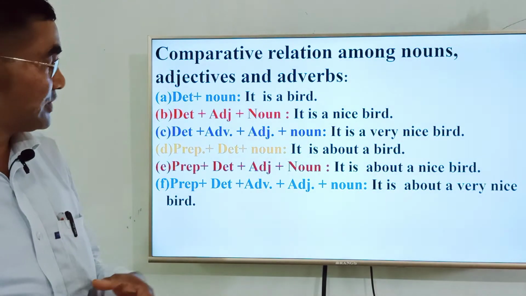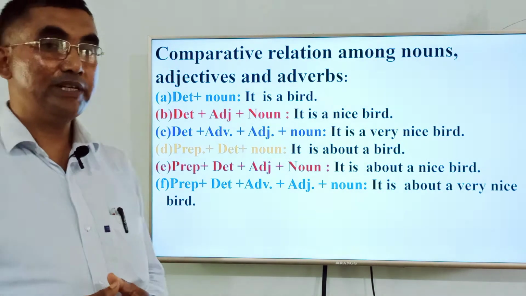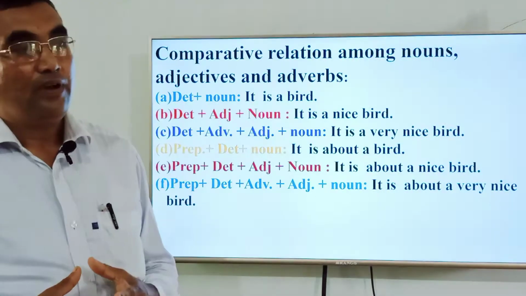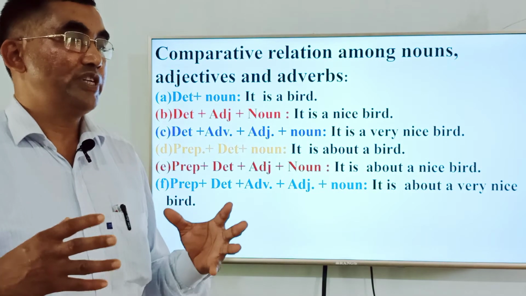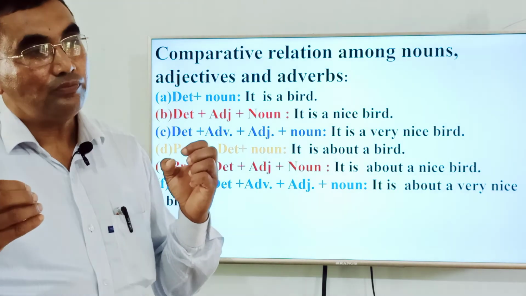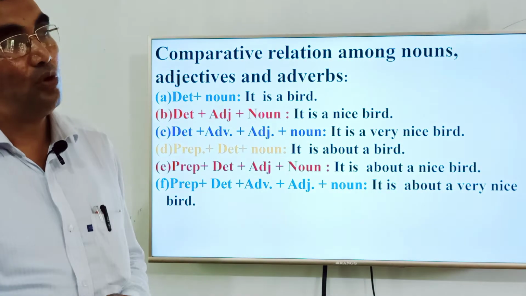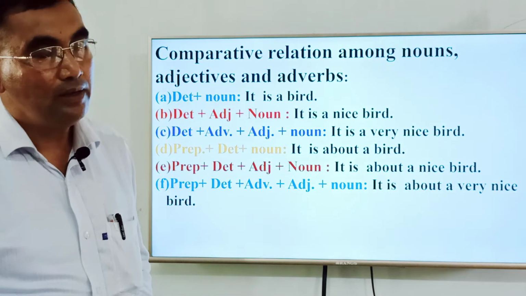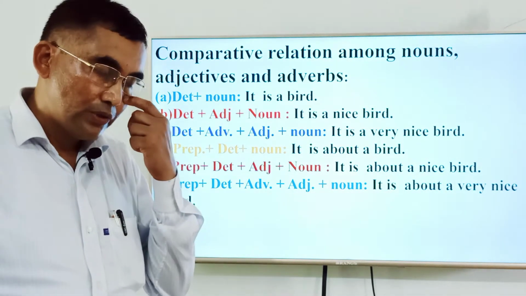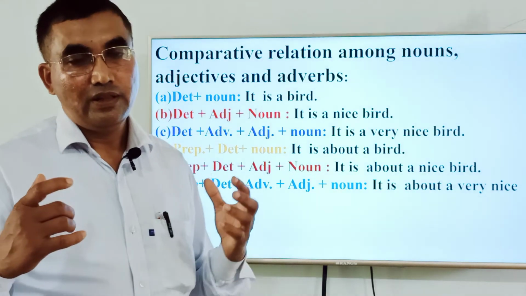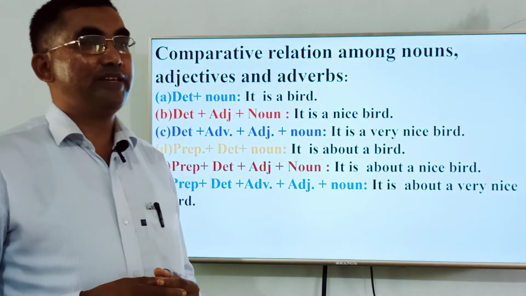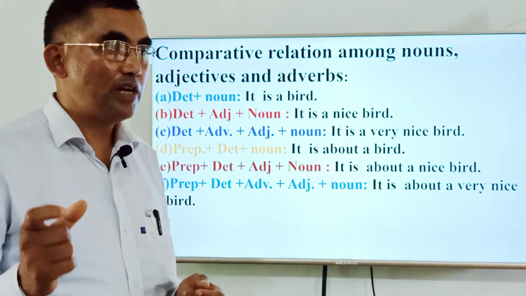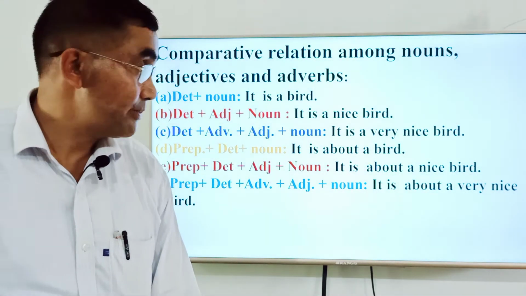But now I just want to tell you that a determiner is a word or words that helps to trace out a noun or to fix up the quantity or number of a noun. So the word or words that help in tracing out a noun or fixing up the quantity or number of a noun is called a determiner.